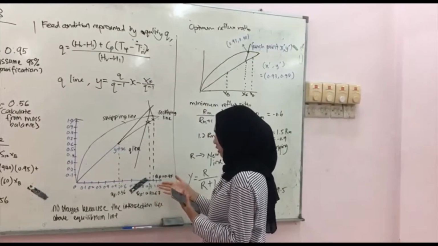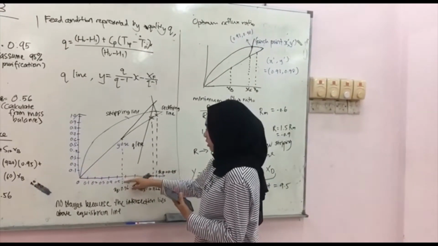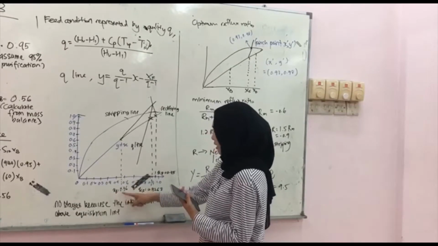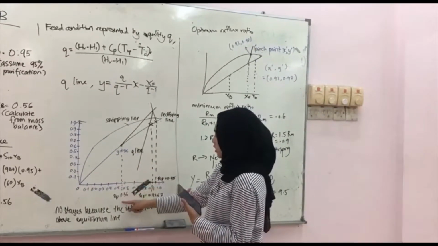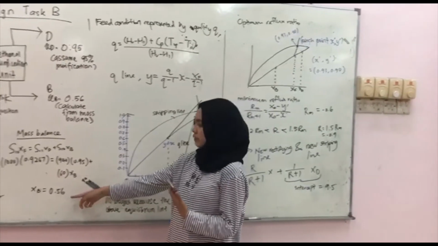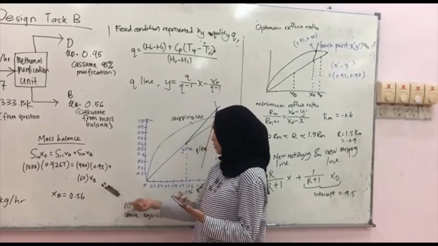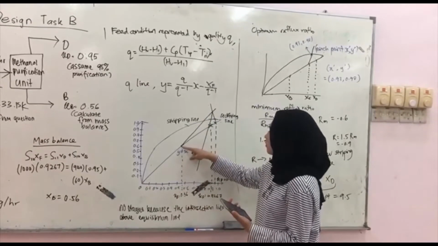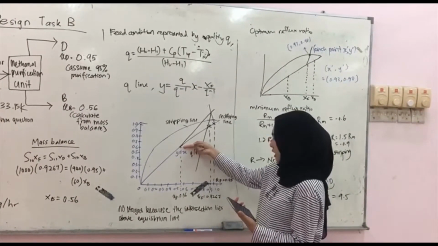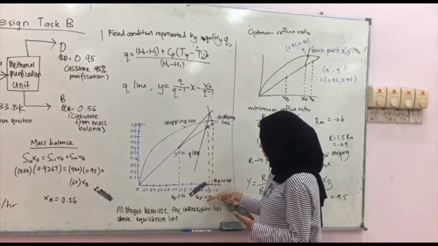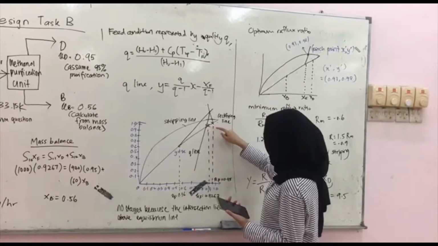Okay, next we plot the XF and XB line. So our XB value is from the mass balance that we calculated, that means 0.56. So we plot it on the x equals y line. This is our XB value, this is our XF value and XB value.